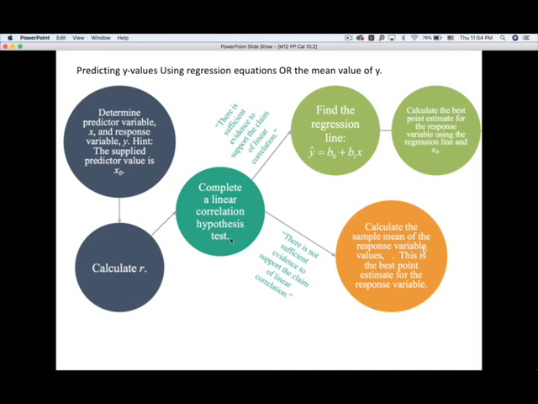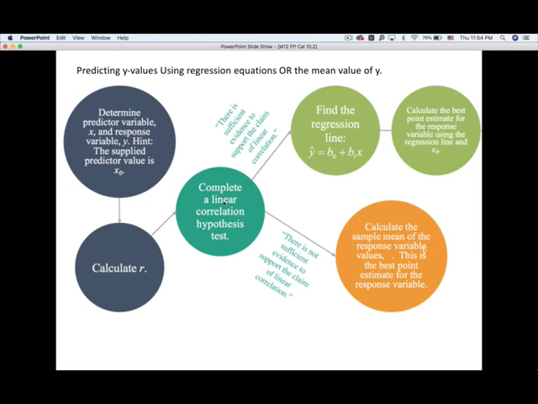Remember section 10.1, we learned how to perform the hypothesis testing of a linear correlation. If you reject the null hypothesis, reject means there is a linear correlation. So you're gonna go up here. You'll be finding the regression line and then plug in your x, find the predicted value of y.